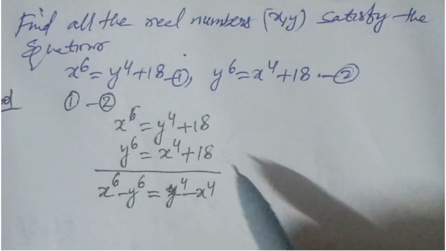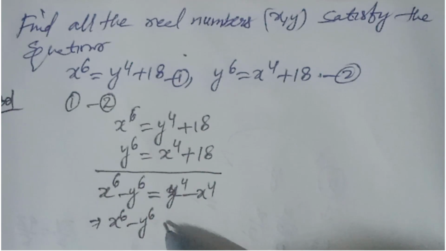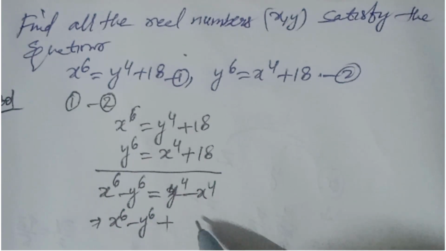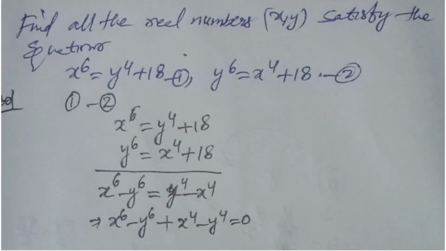So this value will get 0. So this can be written as x power 6 minus y power 6 plus x power 4 minus y power 4 equal to 0.